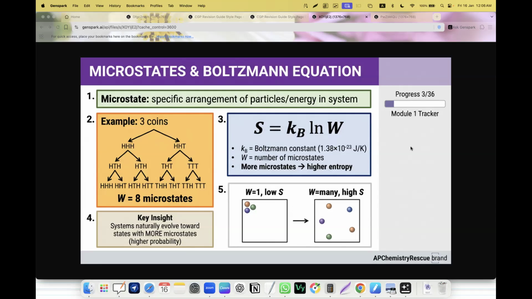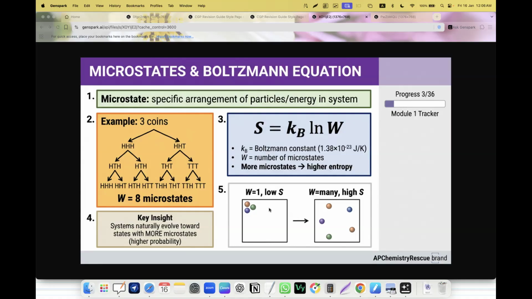Here is the key insight. Systems naturally evolve towards states with more microstates because those states are statistically more probable. So it's highly probable that you will come to a microstate of disordered form, rather than going back to the ordered form, because that is only one state. Imagine 2 gas particles inside a box. If they are stuck in one corner, this is only one microstate.